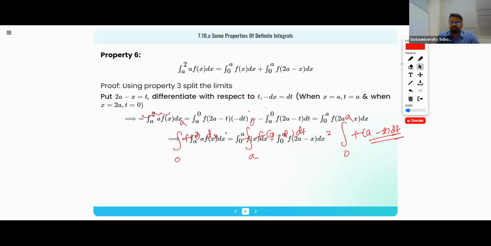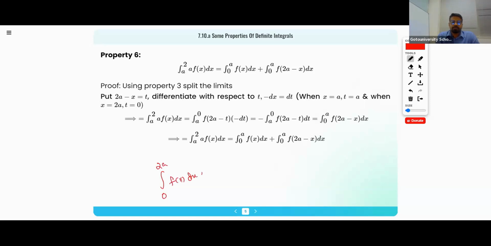Last property: if you have a limit like 0 to 2a, we can split it as the integral from 0 to a of f of x dx plus the integral from 0 to a of f of 2a minus x dx. So we can split that.